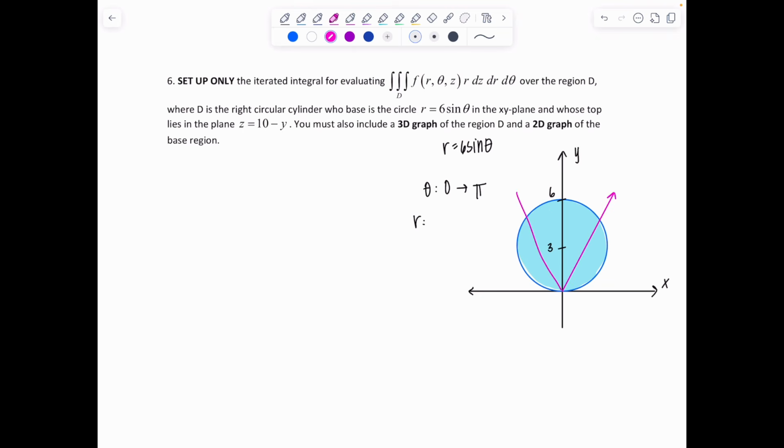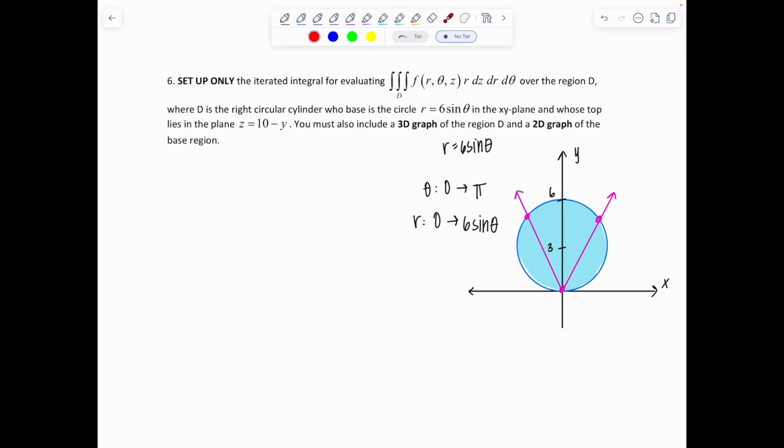It goes from 0 to the circle. Notice it's not the same length everywhere. It's dependent on theta. 0 to the circle, 6 sine theta. R's limits are constants if the circle is centered at the origin. This one is not.